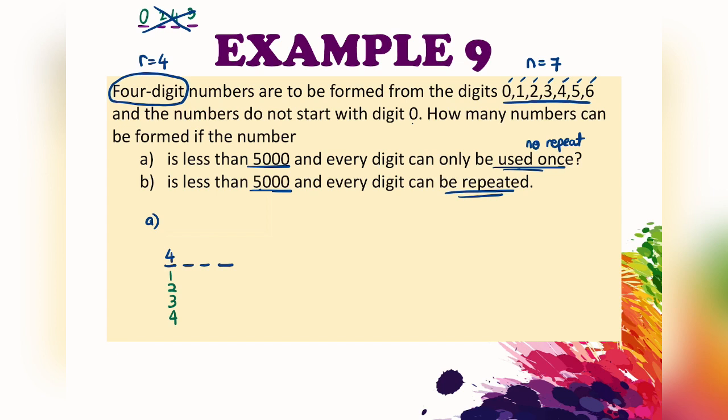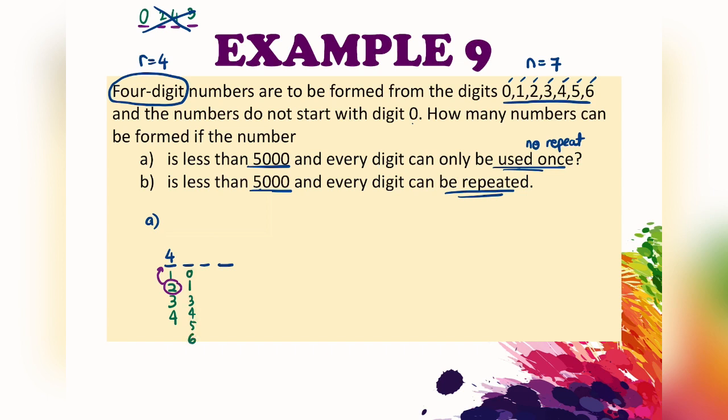Now, if I choose digit 2 for the first position, that means digit 2 will not be used in the second, third, or fourth position. So we need to cross out digit 2. Now we only have 0, 1, 3, 4, 5, and 6.